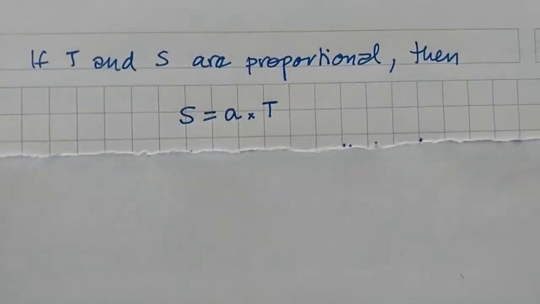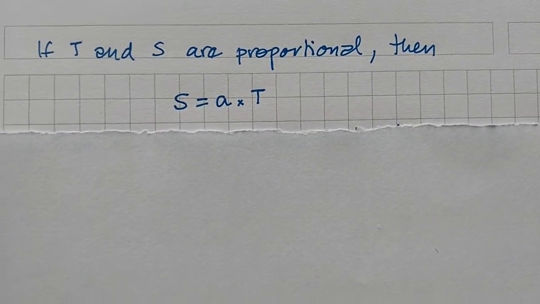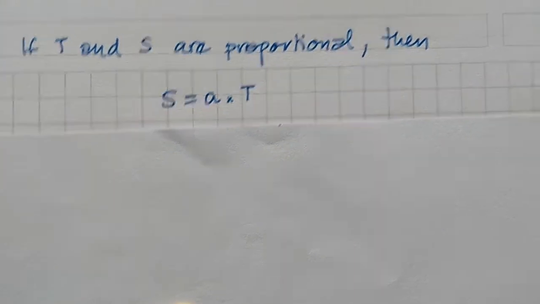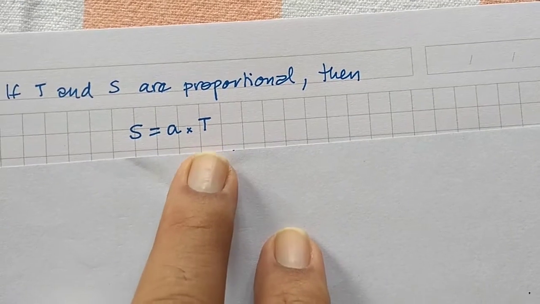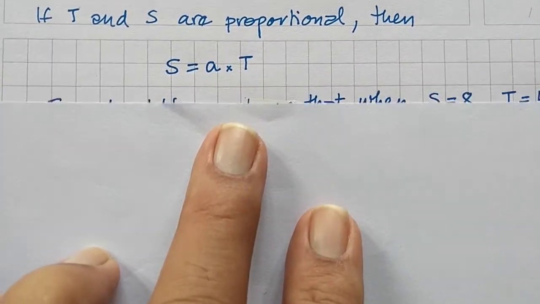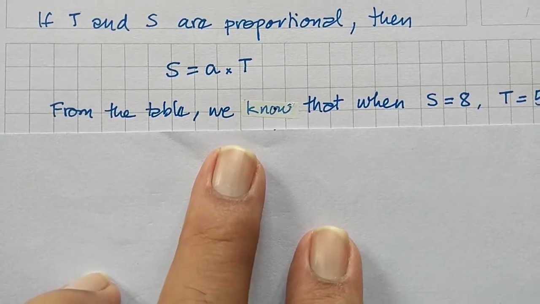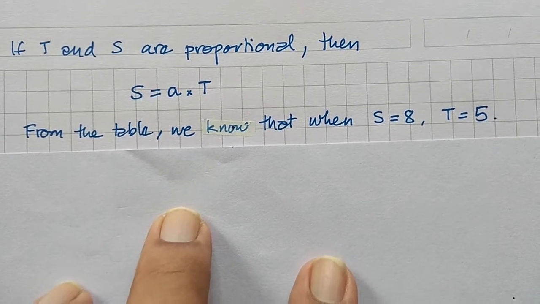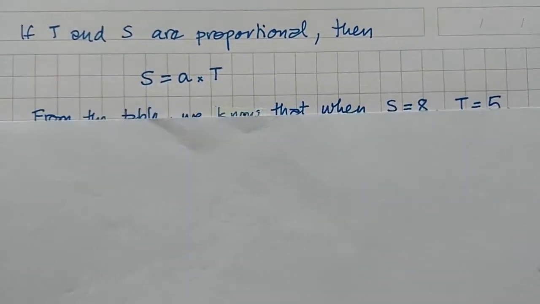We can say if T and S are proportional, then S is equal to A into T. This is a standard format of a linear function. From the table we know that when S is equal to 8, T is equal to 5. This was the first value given in the table.